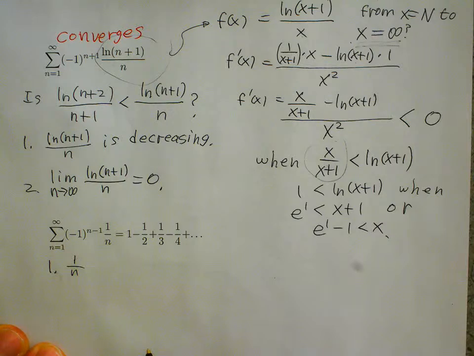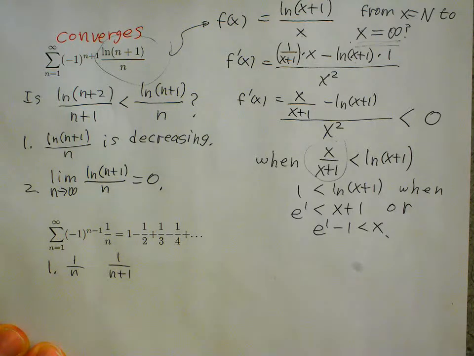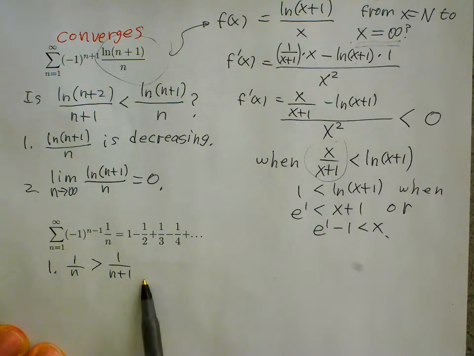So 1 over n, what is that compared to 1 over n plus 1? Yeah, 1 over n is greater than 1 over n plus 1. So the sequence is decreasing.